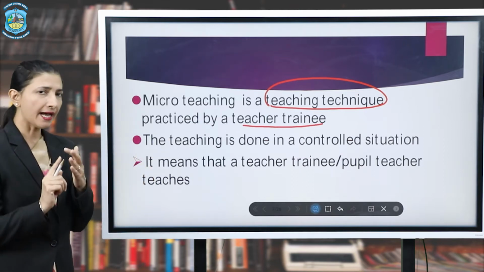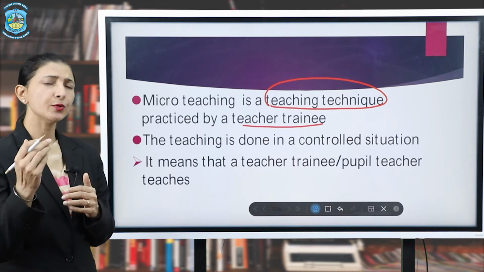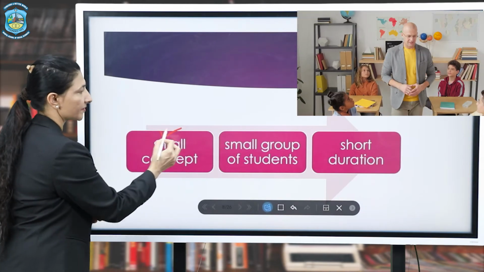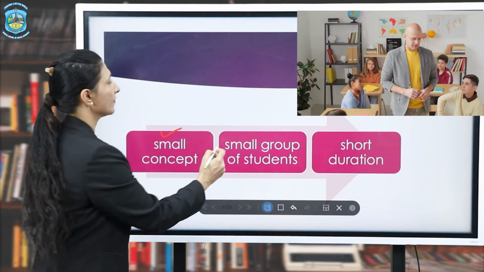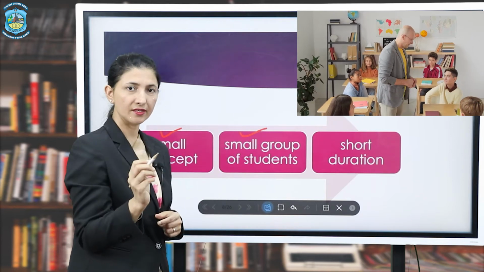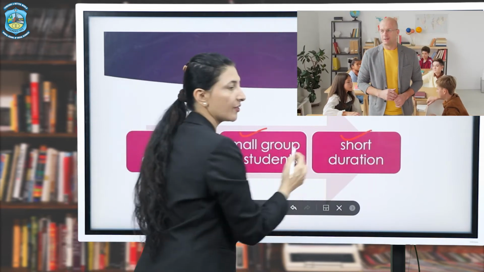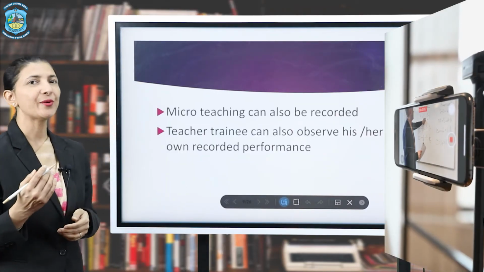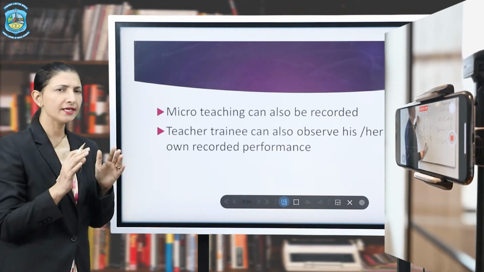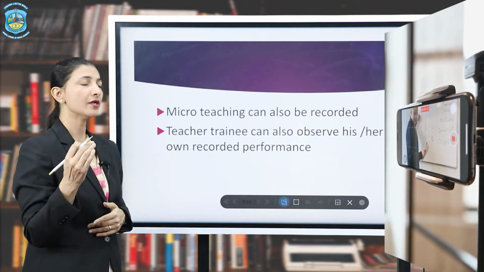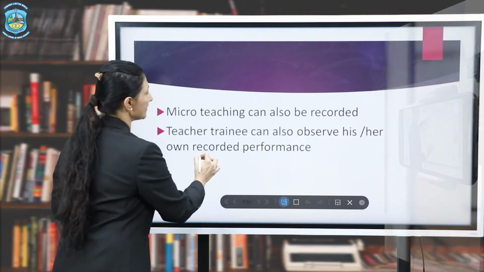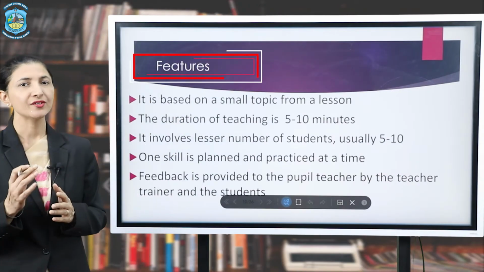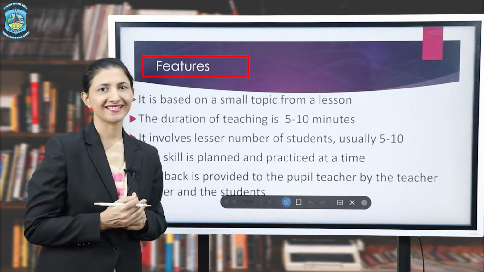It means that a teacher trainee or pupil teacher teaches a small concept to a small group of students in a short duration. Further, micro-teaching can also be recorded. The teacher trainee can also observe his or her own recorded performance.